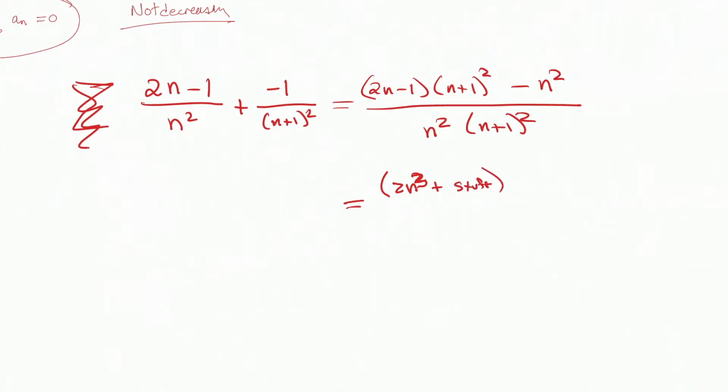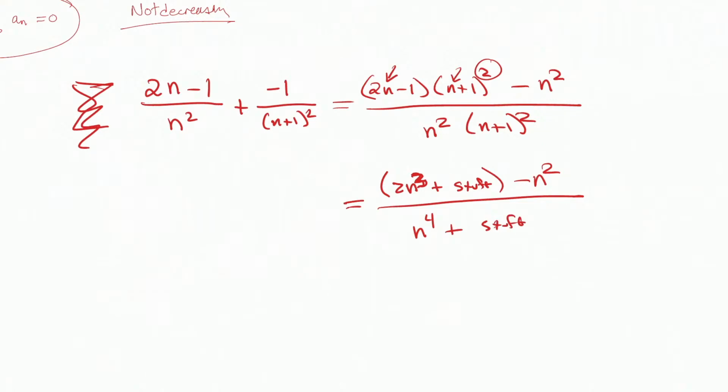What I mean by that is it's lower powers. Then you've got the minus n squared. But the biggest power here is n cubed. You have that n times this n squared. And on the bottom, I have n to the 4th plus a bunch of stuff.